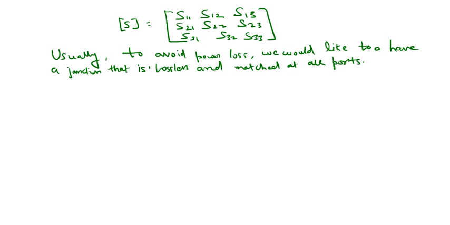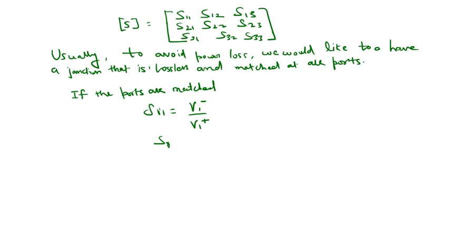So basically if the ports are matched, then what is S11? Basically it is V1 minus divided by V1 plus. What is S22? It is V2 minus divided by V2 plus.